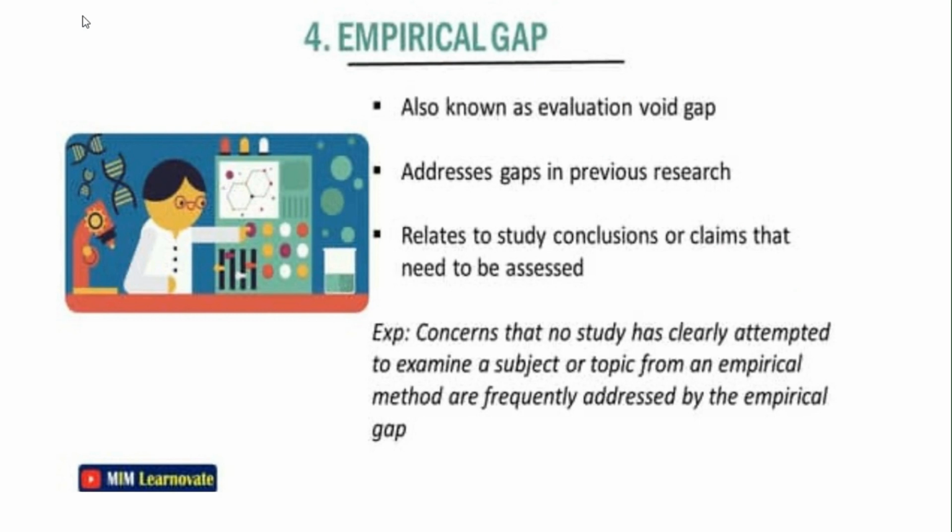It expresses concerns that no study has clearly attempted to examine a subject or topic from an empirical method, and these are frequently addressed by the empirical gap. So, for example, the empirical gap often addresses the concern that no study to date has directly attempted to evaluate a subject or a topic from an empirical approach, right?